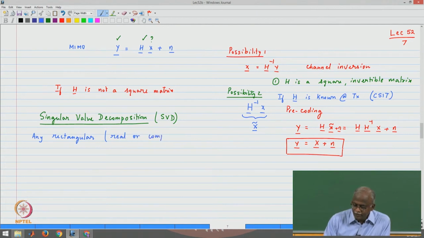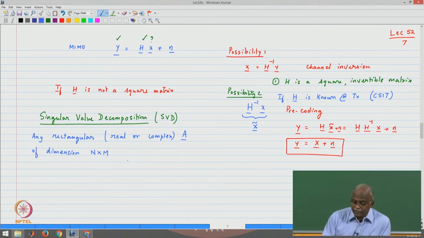In our case, it will definitely be complex valued, and so such a matrix A, which is of dimension n cross m, where n and m are different.